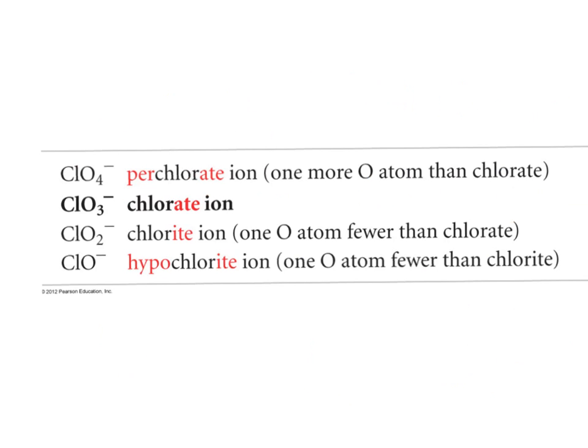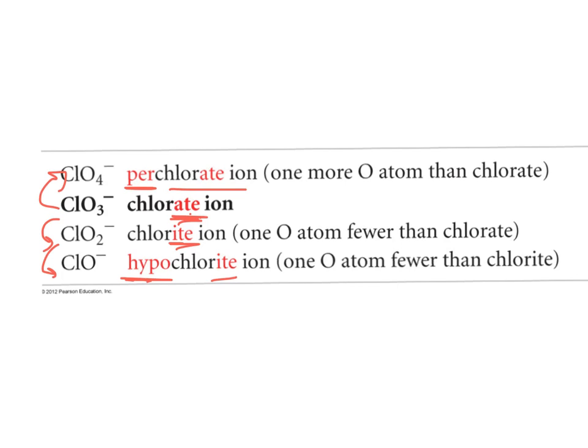Again, what we're doing is taking the main ion that you've memorized, of the 6 that I told you to memorize. Chlorate is one of those 6. Now the rule is simple. If you go from 3 to 4 oxygens, if you increase by one, you add the word per, and everything else is the same, so you get perchlorate. If you go one less, you change the ate to ite, and if you have one less still, you add the word hypo and ite.